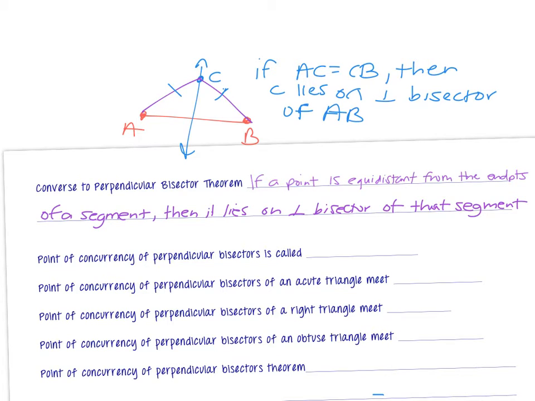Okay, what is a point of concurrency? Good. A point where 3 or more lines intersect. So what's the point of concurrency of perpendicular bisectors called? Circumcenter.